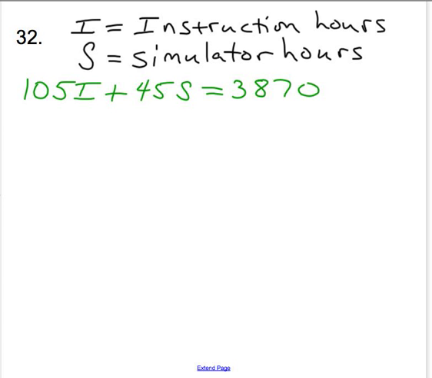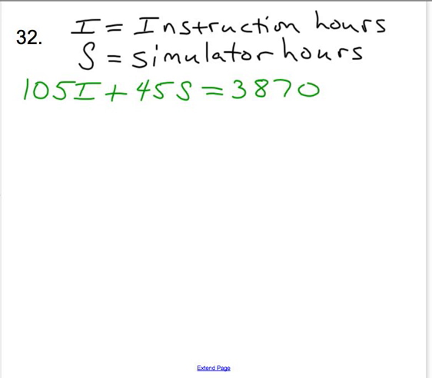Okay? I have one equation with two variables, so I know I need another equation. Well, the only other information they give me is in the third sentence, the school requires students to spend 4 more hours in airplane training than in the simulator. In other words, 4 more hours in instruction than in the simulator. How do I get an equation out of that?